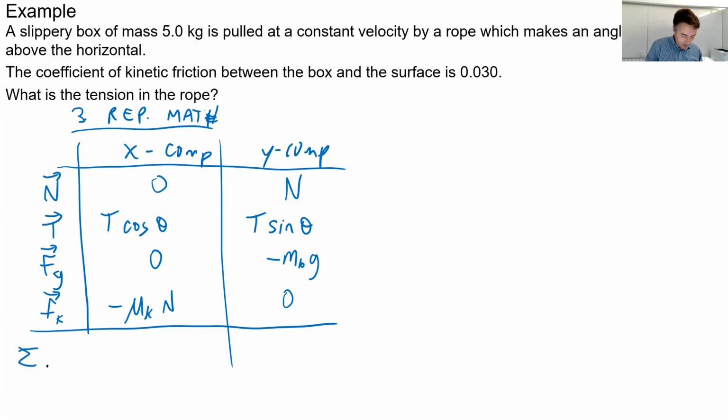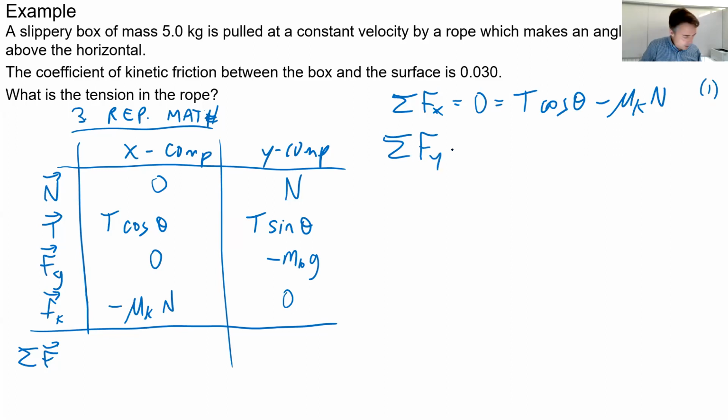So when I sum all these up, the sum of forces in the x direction, going down that column, which is 0 because it's not accelerating, is T cos theta minus mu sub k times N. Call that equation 1. And the sum of forces in the y direction, which is also 0, is N plus T sine theta minus m sub b times g, which equals 0.